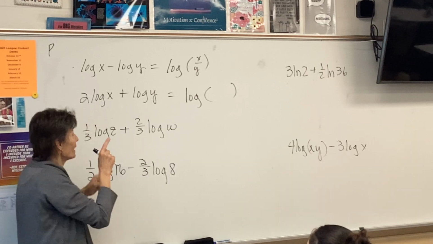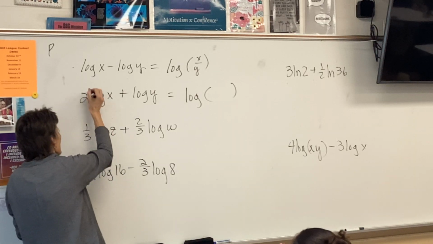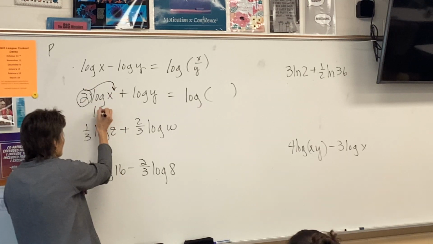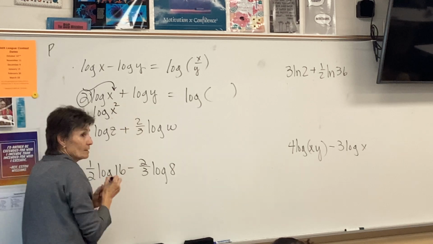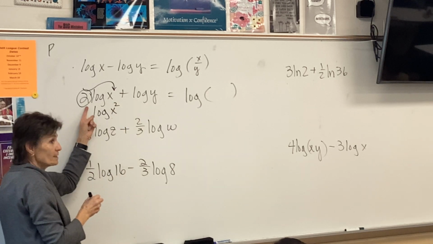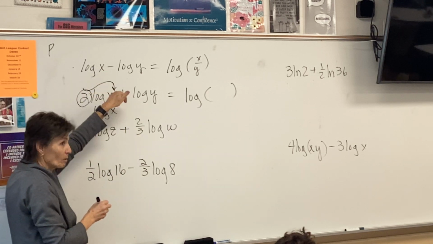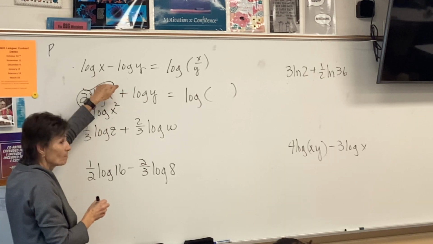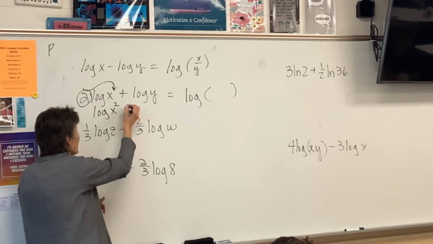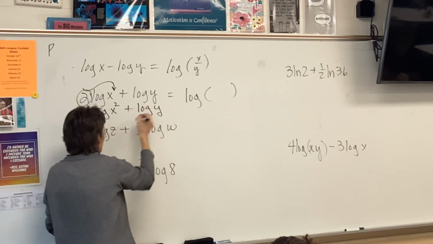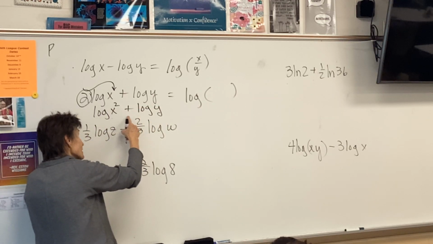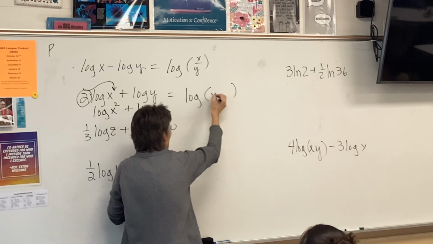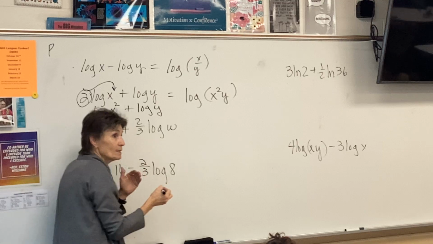No, but this does belong to the x. It's an exponent. So this is the log of x squared. Coefficients are exponents in logarithm land, okay? So that 2 becomes x squared. Now I have the log of x squared plus the log of y. So when I put them together, it's going to be the log of x squared times y.